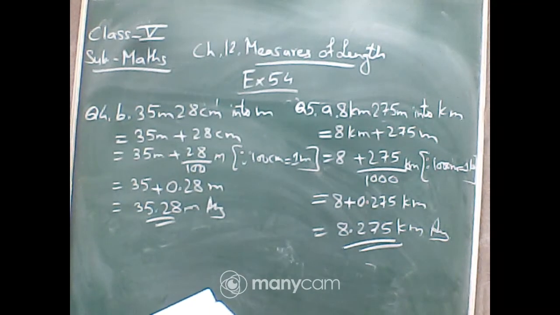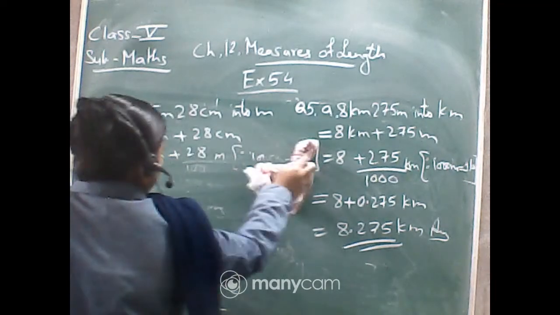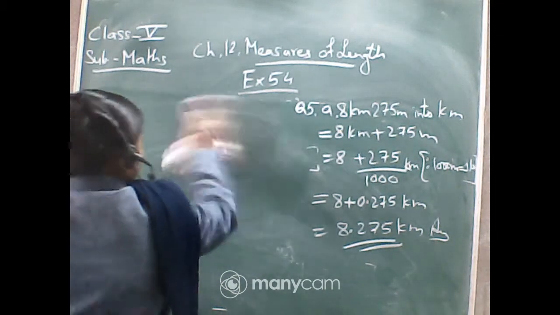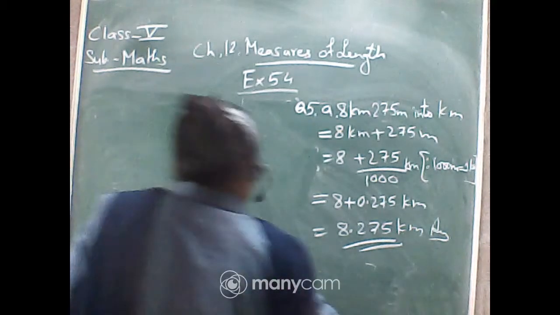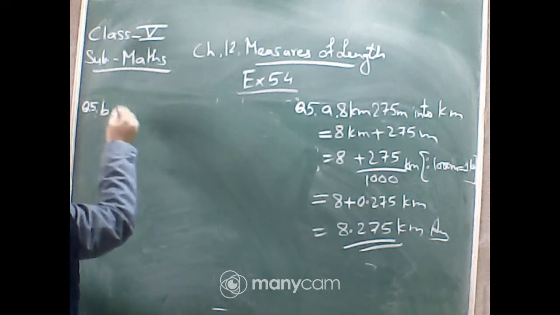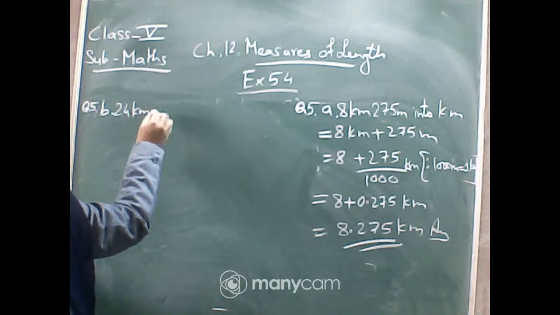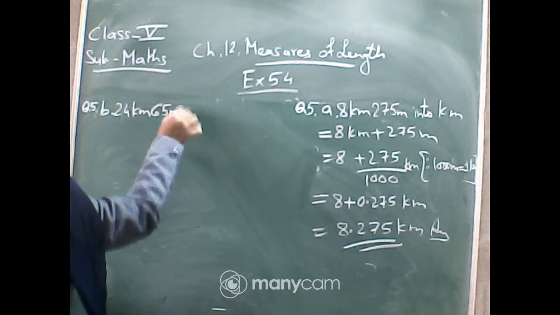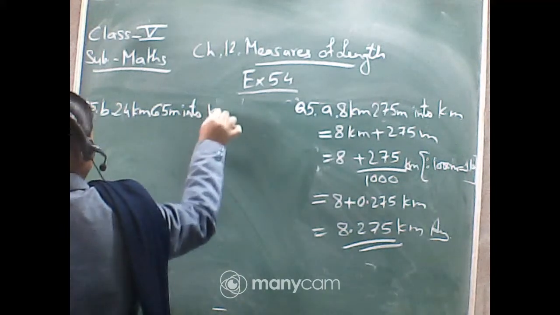Now let us do one more. Question number 5, number B. It is 24 kilometer 65 meter into kilometer.